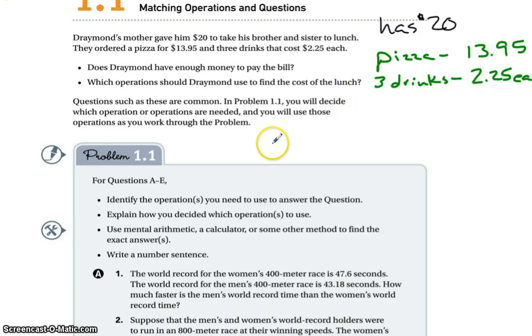We're going to leave it at $13.95. However, the next thing we're going to do is use multiplication to figure out what 3 drinks would be if they're $2.25 each, which means we have to take $2.25 and multiply it by 3.